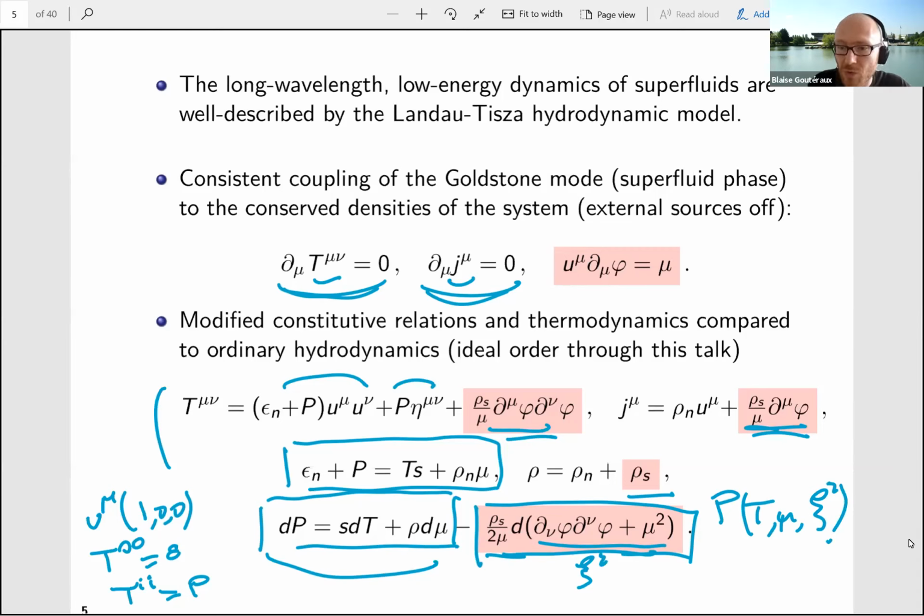So there's now a new thermodynamic quantity that characterizes the system, which we can think of by virtue of this equation. This now is a purely spatial term. Basically, this combination here subtracts off the time component of the vector because of this equation. So this tells you that there's some d mu phi.